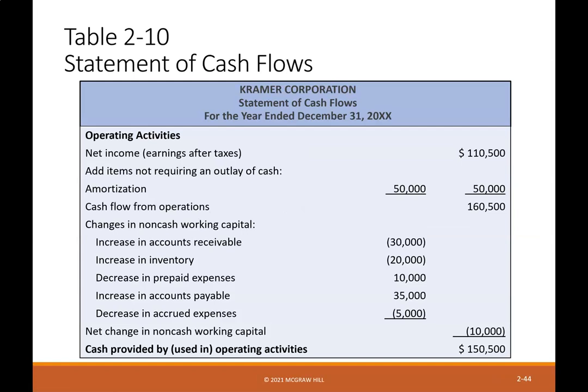Table 2-10, statement of cash flows. Here is the example of the statement that you would put together. So you start with the name of the company, the name of the statement, and it's for the period ended. In this case, it's for the fiscal period, which is a full year. We start with our operating activities.